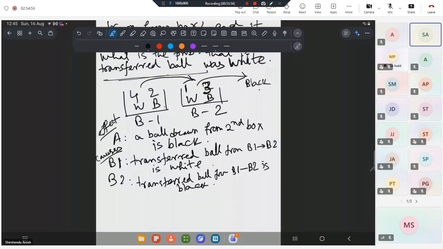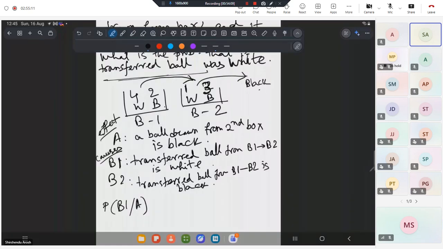Right? So what should I find out? I have to find the probability that the transferred ball is white, given that I have got a black ball.